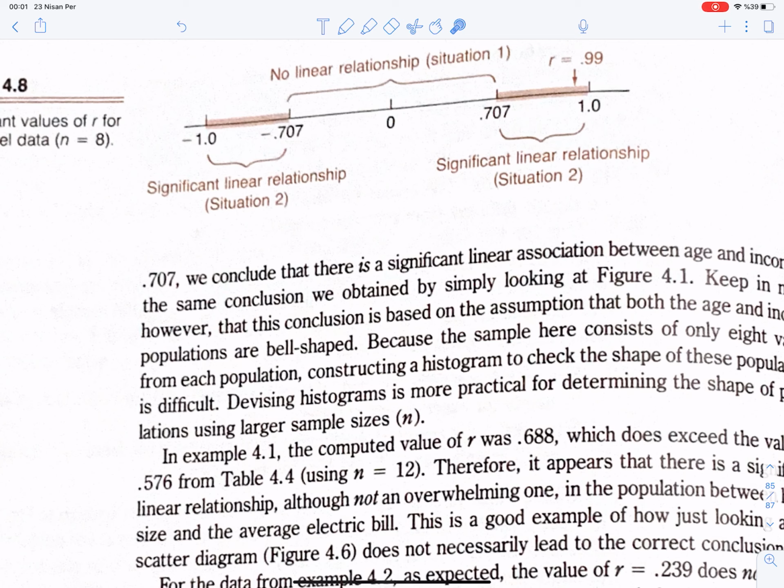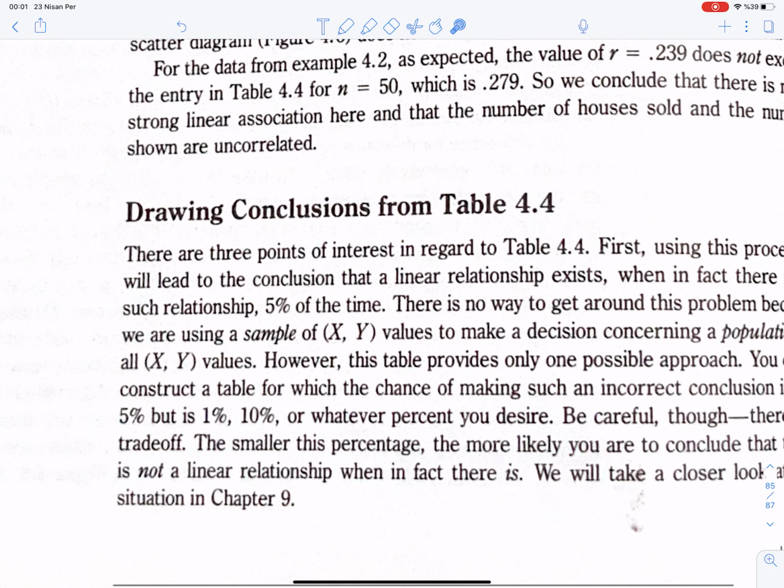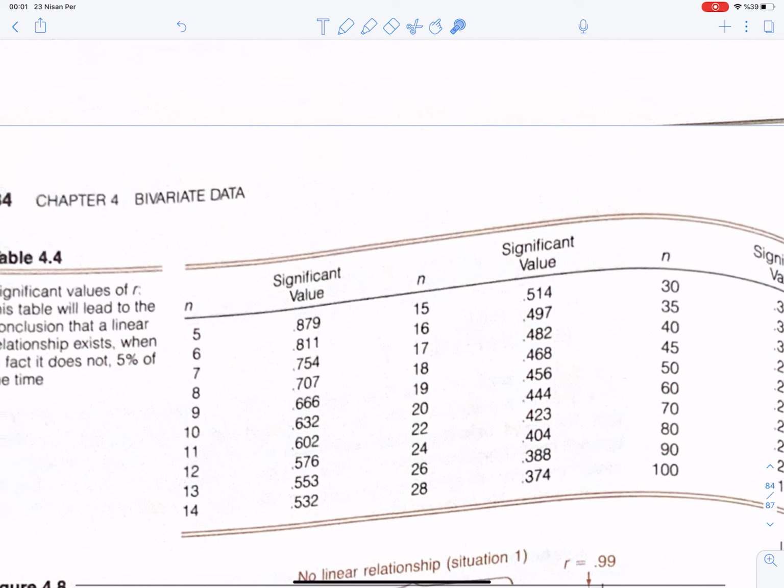You can perform all this reading yourself. I will skip all this. You can read it yourself and understand. You can draw some conclusions from table 4.4.